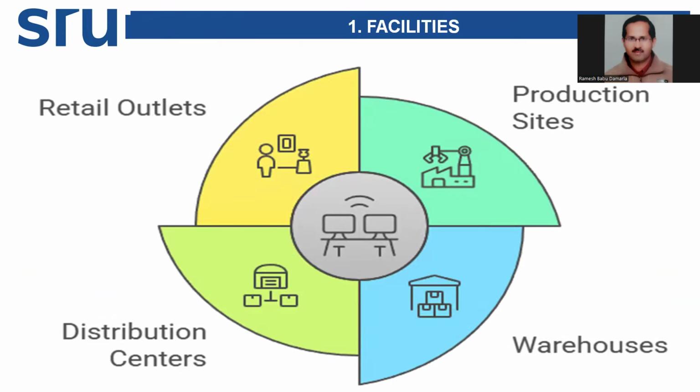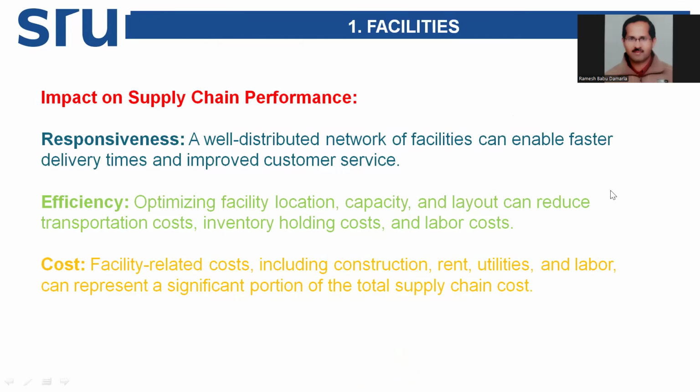Let us see the facilities. Facilities can be production sites, warehouses, distribution centers, and retail outlets. How these facilities impact the supply chain performance, we need to understand. Dear students, please make your notes so that we can do the assignments easily.